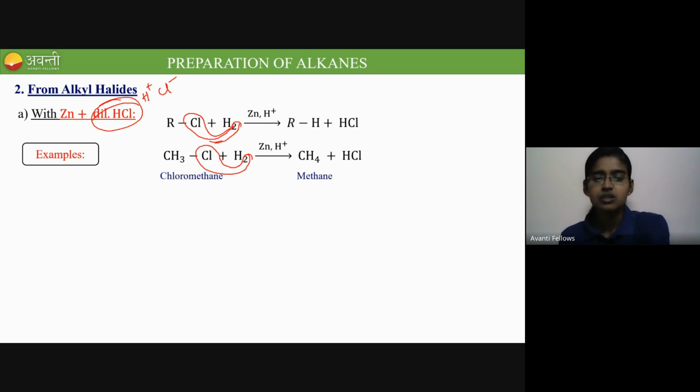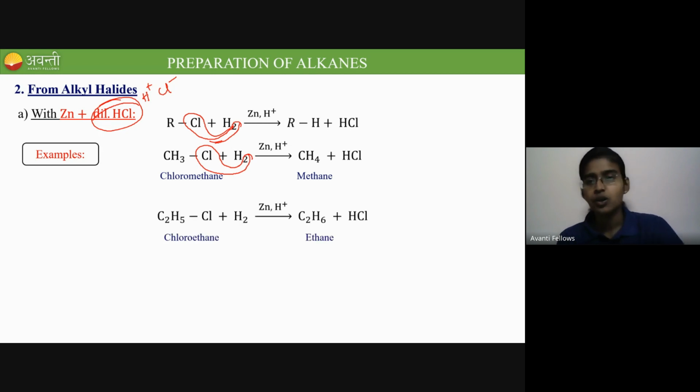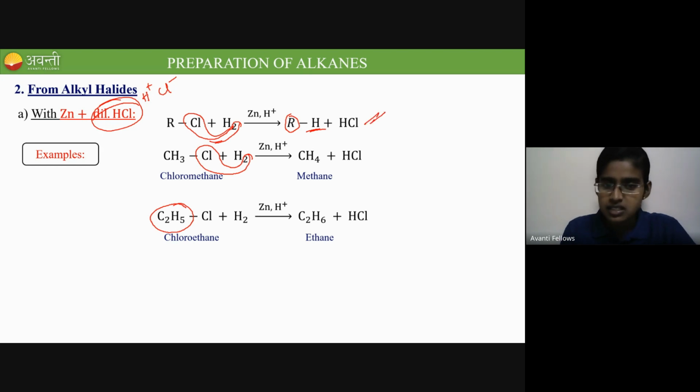One more example I'll show you, chloroethane. Here ethyl is the R group. Whatever the R group may be, you just add hydrogen to it and you will get the product. So to C2H5, if you add one hydrogen, you will get C2H6, right? Very easy. Just read this general reaction alone. You don't have to memorize all the examples.